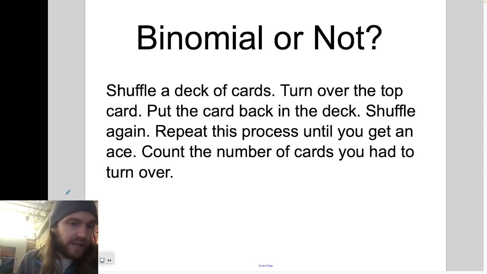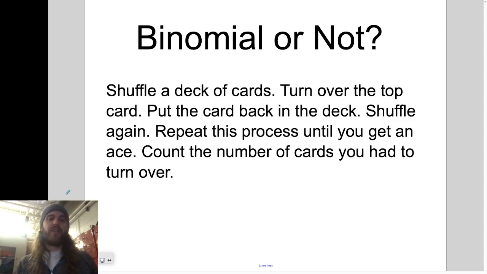We could sit here, theoretically, all day long, drawing a card, not getting an ace, shuffling, drawing a card, not getting an ace, and we could be there, in theory, all day and never draw an ace, even though that's unlikely. We would get one eventually, but it would take quite a while.